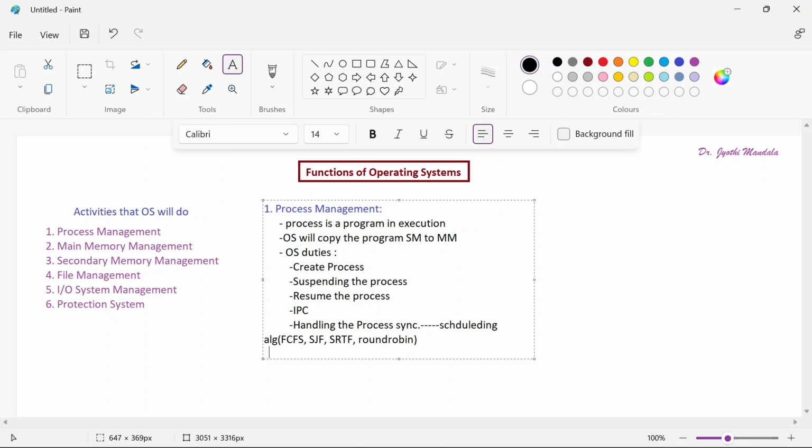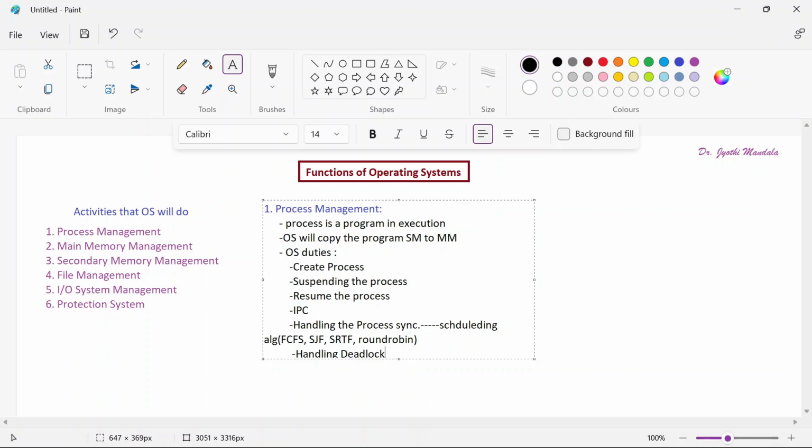And in some cases there will be a deadlock. In the future we are going to understand what exactly deadlock is and how it is resolved by the operating system. But here, understand briefly: let us consider two processes are executing simultaneously.